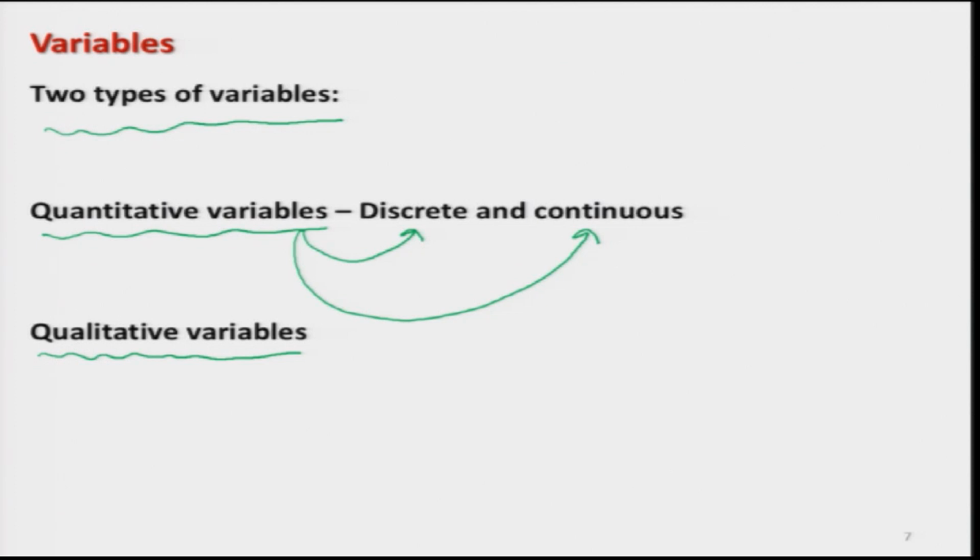Once again, I would like to reiterate that there is a strong mathematical definition of quantitative variable, discrete variable, continuous variable, and qualitative variable in statistics, but definitely my objective is not here, and I am not going into that detail. My simple objective is to make you understand that given a situation when you are trying to collect the data, the corresponding variable will be a discrete variable, continuous variable, qualitative variable, or quantitative variable.